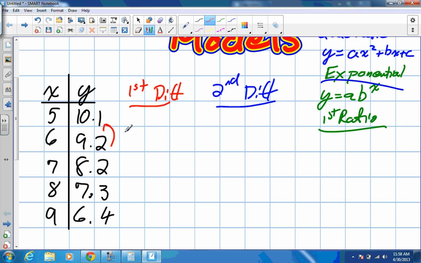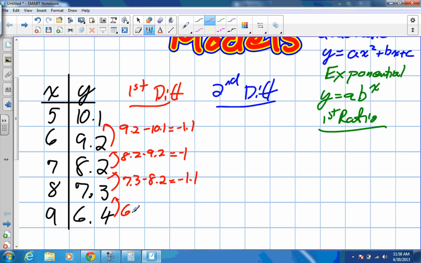We take the bottom number and subtract the top. 9.2 subtract 10.1 gives us negative 1.1. 8.2 subtract 9.2 gives us, sorry, negative 1. 7.3 subtract 8.2 should give us, I think, negative 1.1 again.